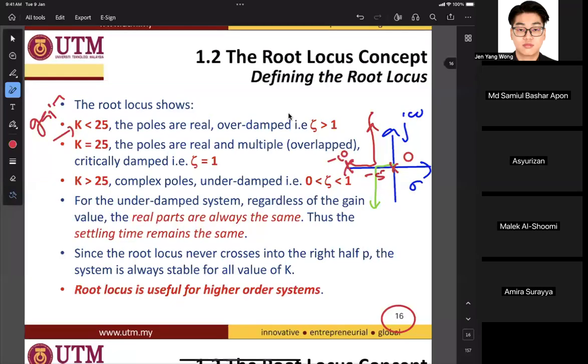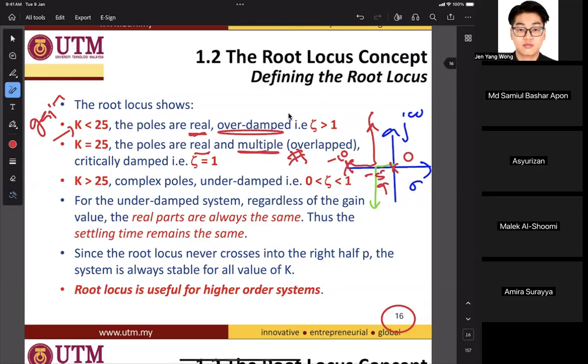When the gain is less than 25, the poles are real. The nature of the poles is real and overdamped, i.e. zeta greater than 1. But if k is equal to 25, the poles are real and multiple, overlap, in this case at -5.